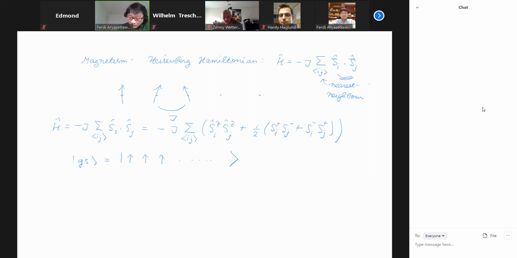However, the solution is clearly not invariant under rotation. If I make, for example, a 180 degree rotation, I get another ground state, which looks like this. It is also an equally valid ground state solution.